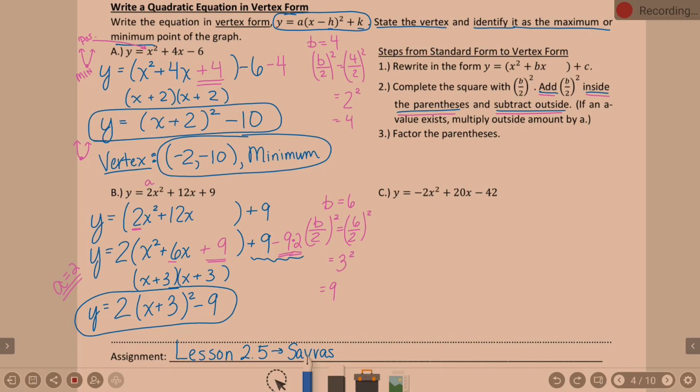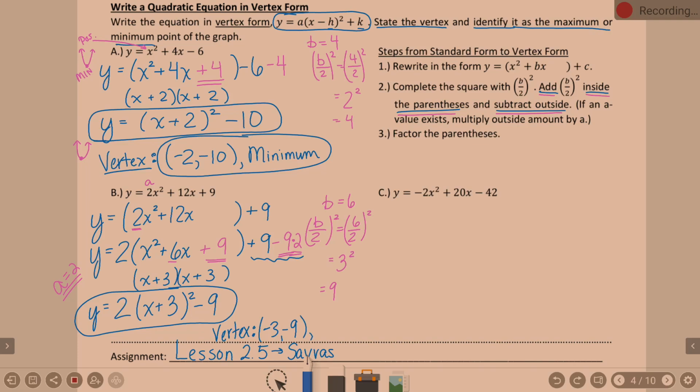I need to know the vertex. Do we know the vertex? -3 and -9. Yep. I hope you're with her because I agree. -3, -9.